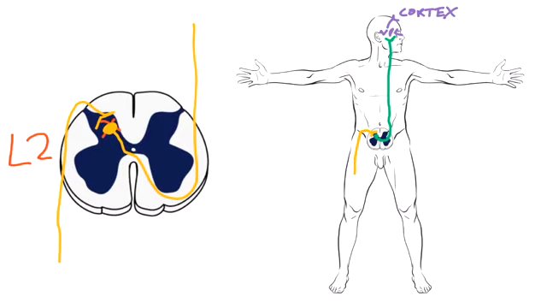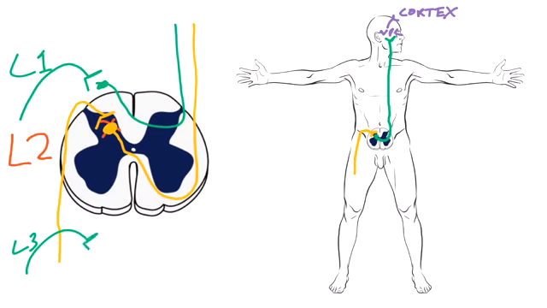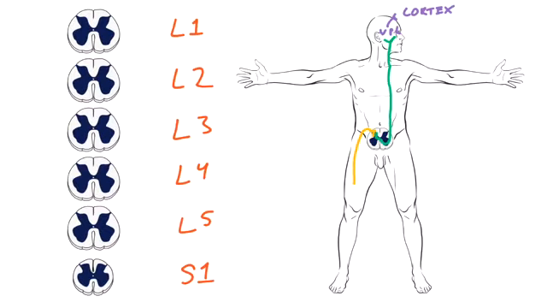However, anything above L2, for example L1, would be just fine, because it can come in, synapse onto the gray matter, and decussate and travel up, and anything below, like L3, can do the same thing. To illustrate this, let's add in every level from L1 to S1, and as you can see, they're labeled here.